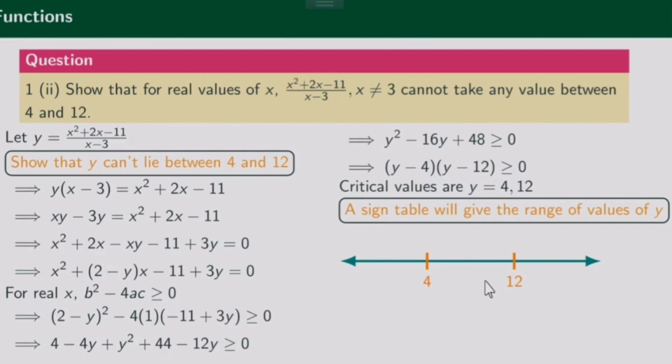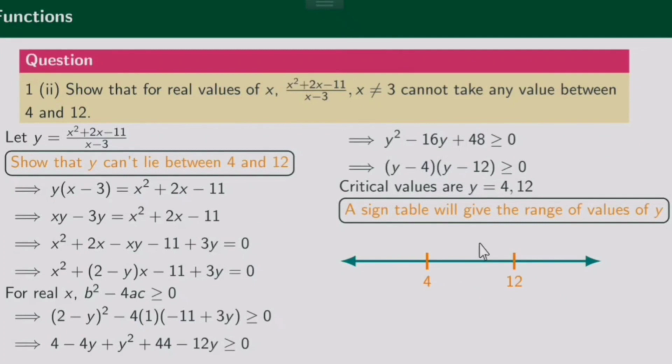Of course, 4 is less than 12, that is why 4 is on the left and 12 is on the right. Now, I have 3 intervals to test for the sign of y. The first interval is that I will take any value of y which is less than 4 and test for the sign only. Remember, I'm looking for the set of values for which the left hand side is positive.